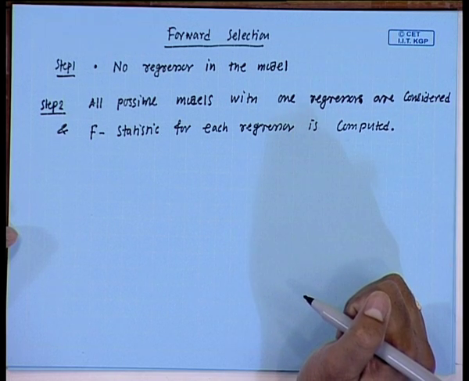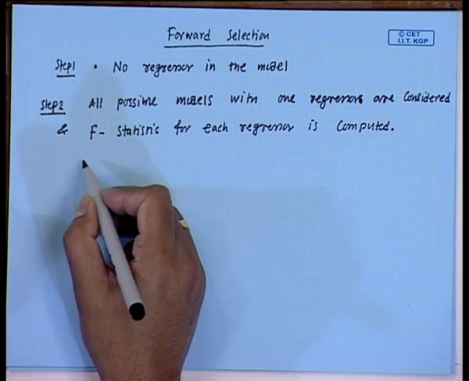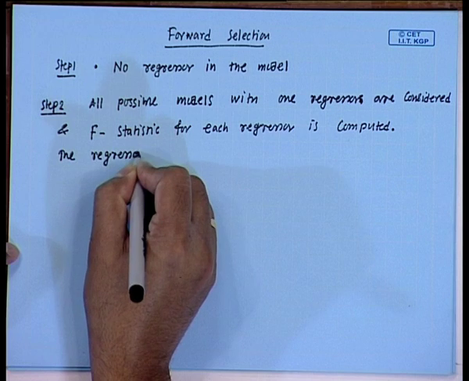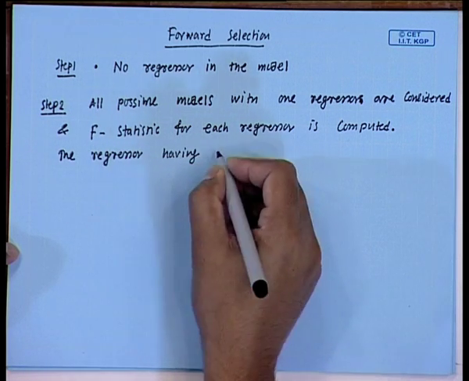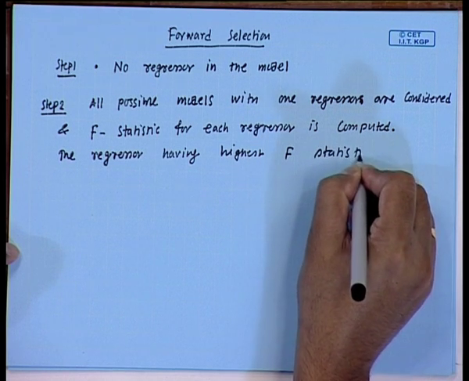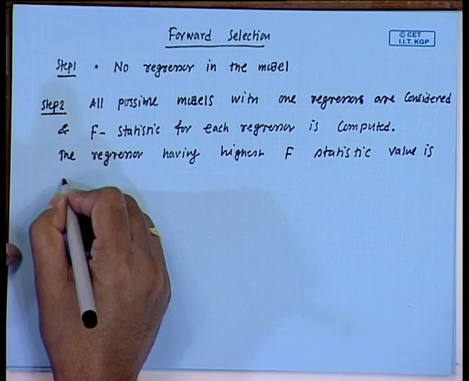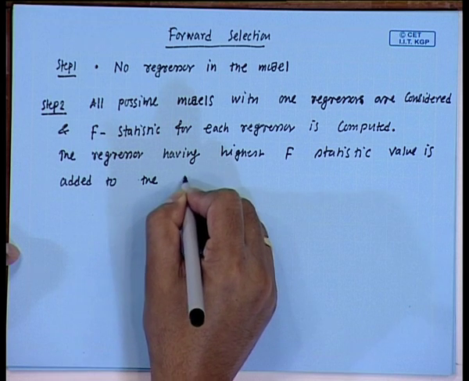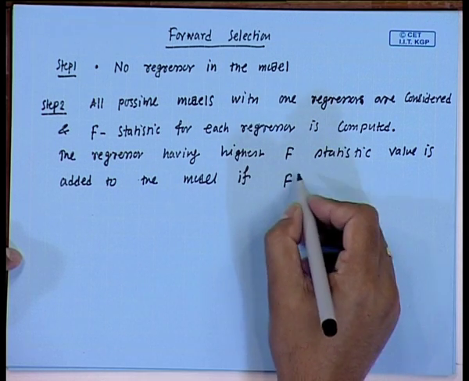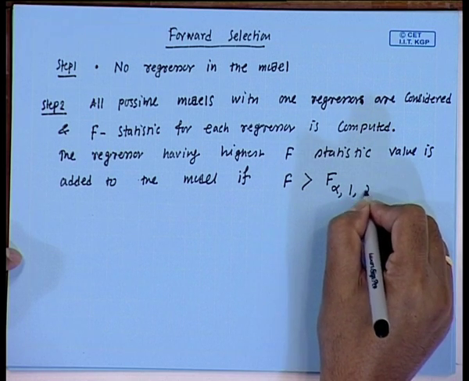If there are k minus 1 regressors in the model, you have to compute k minus 1 F statistics, and the regressor having the highest F statistic value is added to the model, provided the highest F statistic value is greater than F alpha, 1, n minus k.